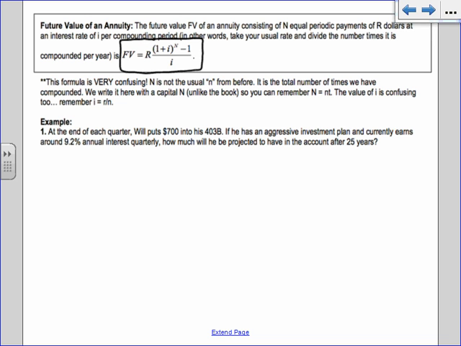Now previously we used R for our interest rate. Now we're using i, because i is different. i is your usual rate divided by the number of times it's compounded. So it's r over n, which is common. We had that in our last formula too. But capital N, not little n, is n times t.